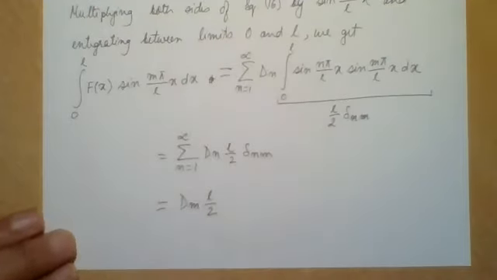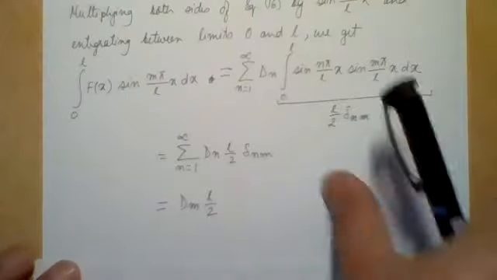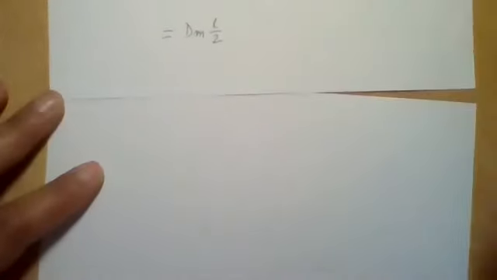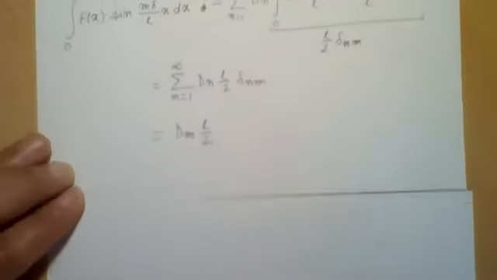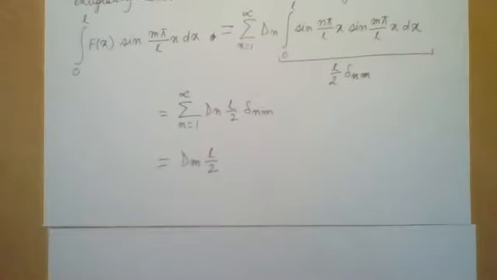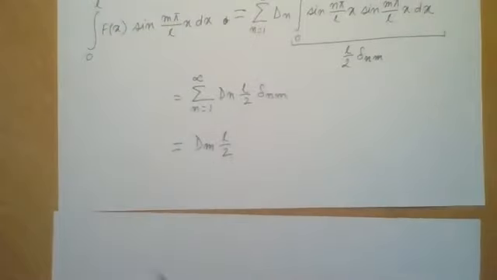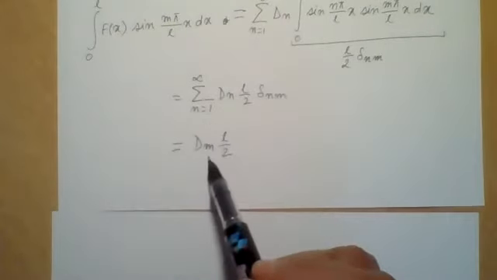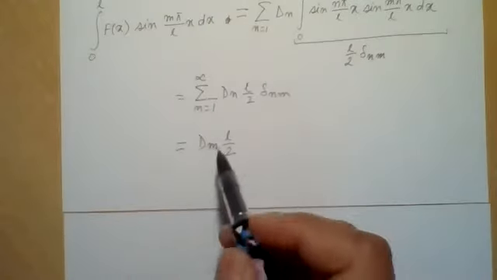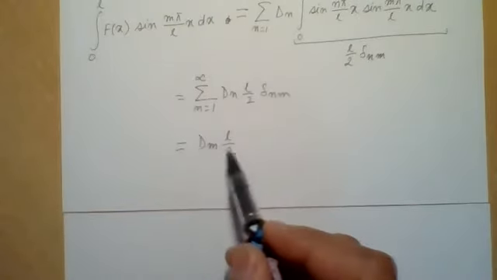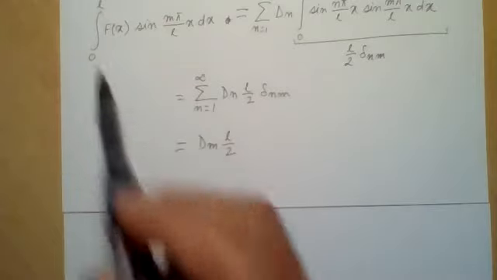Okay, so let me take another sheet of paper. So this integration is equal to d_m times L by 2. Therefore, you keep d_m here and take L by 2 towards the left hand side.